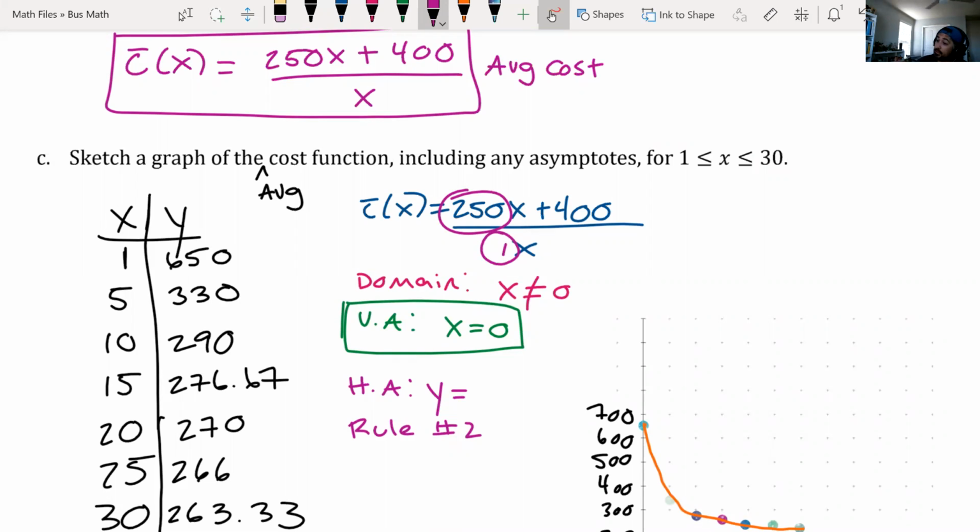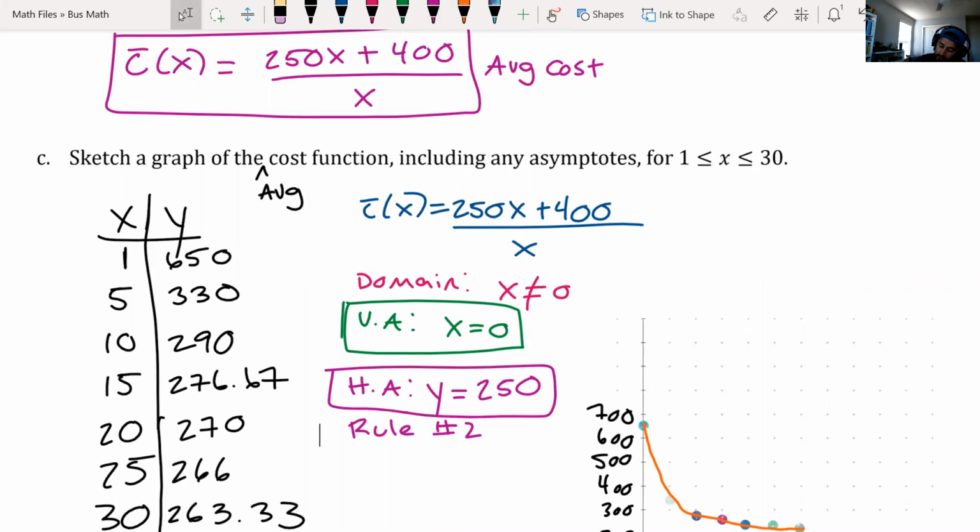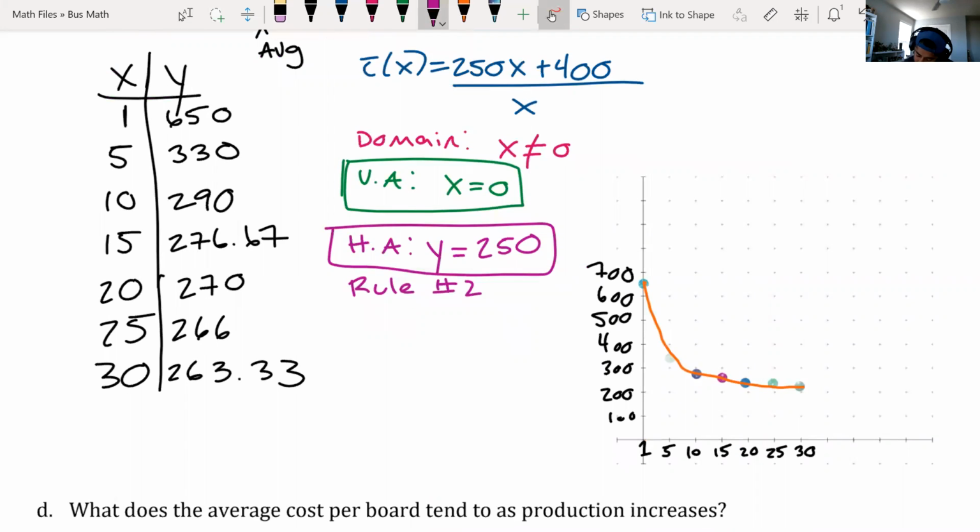So here, my horizontal asymptote is going to be y equals 250. And now if I wanted to draw this, 250 would be around here. Like I said, it's just a sketch, but this would be y equals 250.